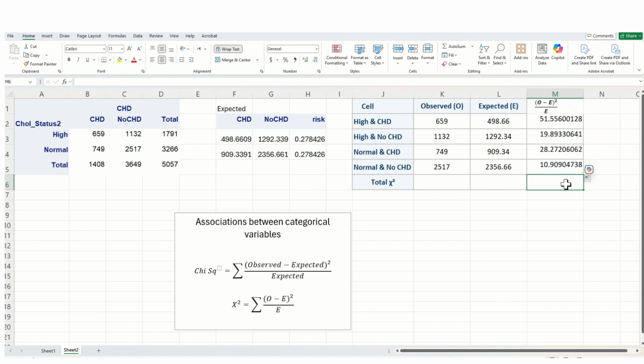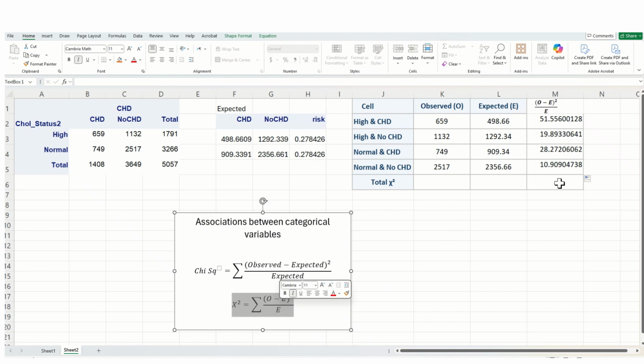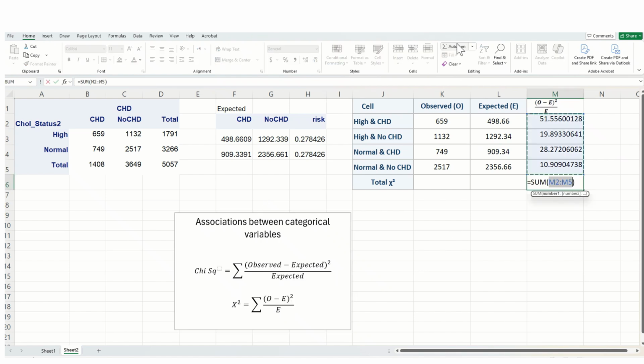So if we take the sum of them, as per the formula here, if we sum all these values up, we get an x square of 110.